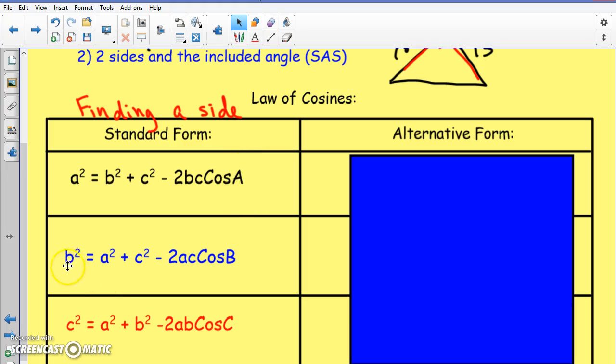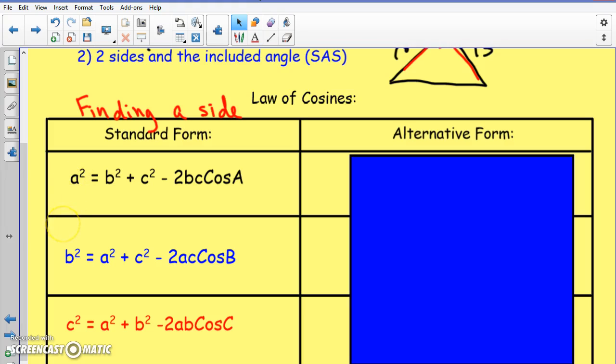Notice in our second formula, it starts with lowercase b, meaning side b, and we have to use angle B as part of the problem. Whatever side you're trying to find will dictate which formula you use. If you're trying to find side c, you use the formula that starts with side c. If you're trying to find side a, you'd use the formula that starts with side a.